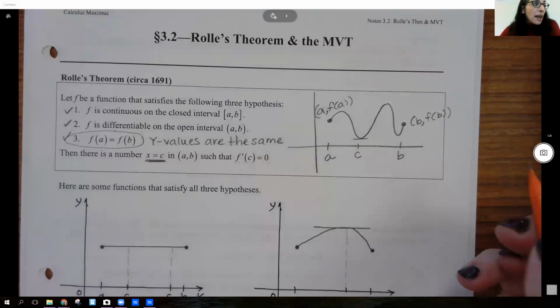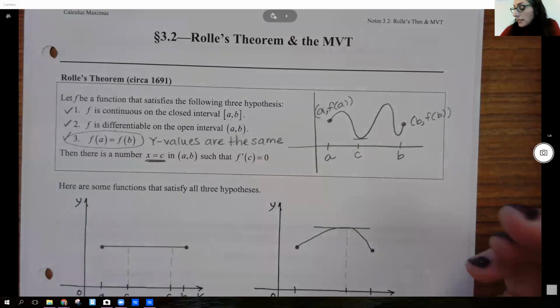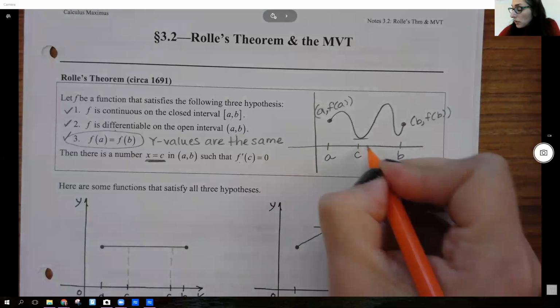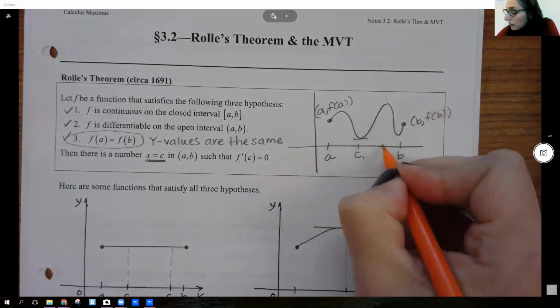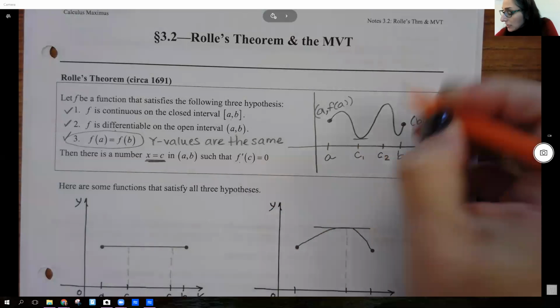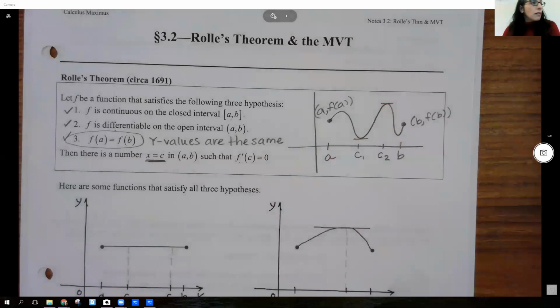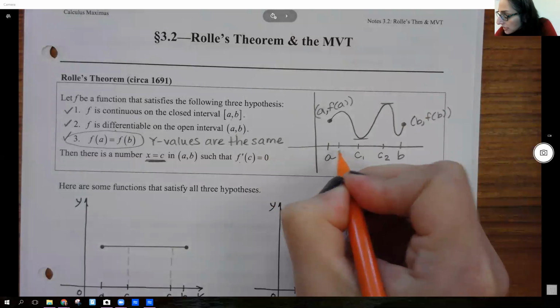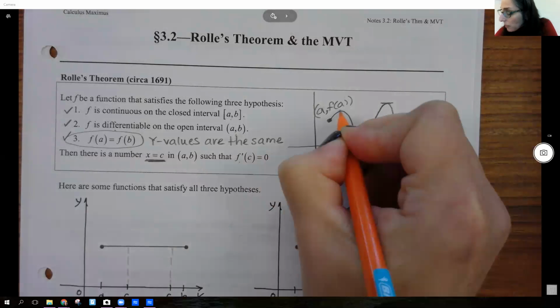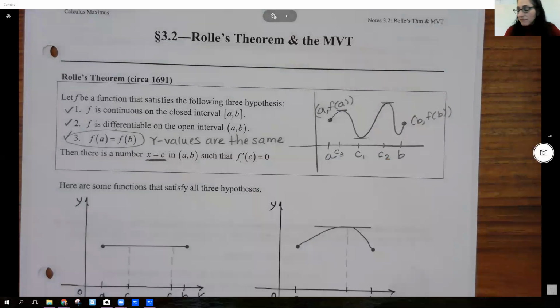And the example that I drew actually has more than one c. Rolle's guarantees that there exists at least one. But this one, you could have one right here. I could put one right here. We'll call that c2. That would be a spot where the derivative would be 0. And then if we said this was c3, here's another spot where the derivative equals 0.